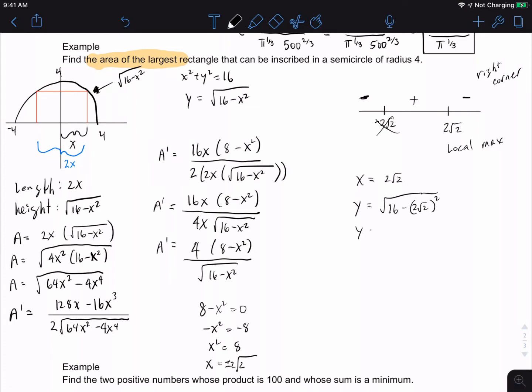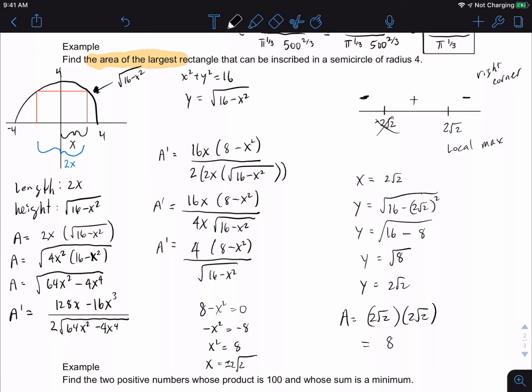And that's going to give me y is equal to 16 minus 4 times 2 is 8. So y is equal to the square root of 8, or y is equal to 2 radical 2. And since it's saying find the area, we need to multiply those two guys, right? So the max area would be 2 radical 2 times 2 radical 2, which is 8.